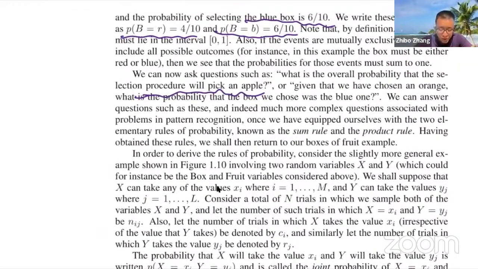We can answer questions such as this, and indeed much more complex questions associated with problems in pattern recognition, once we have equipped ourselves with the 2 elementary rules of probability, known as the sum rule and the product rule. Having obtained these rules, we shall then return to our boxes of fruit example.